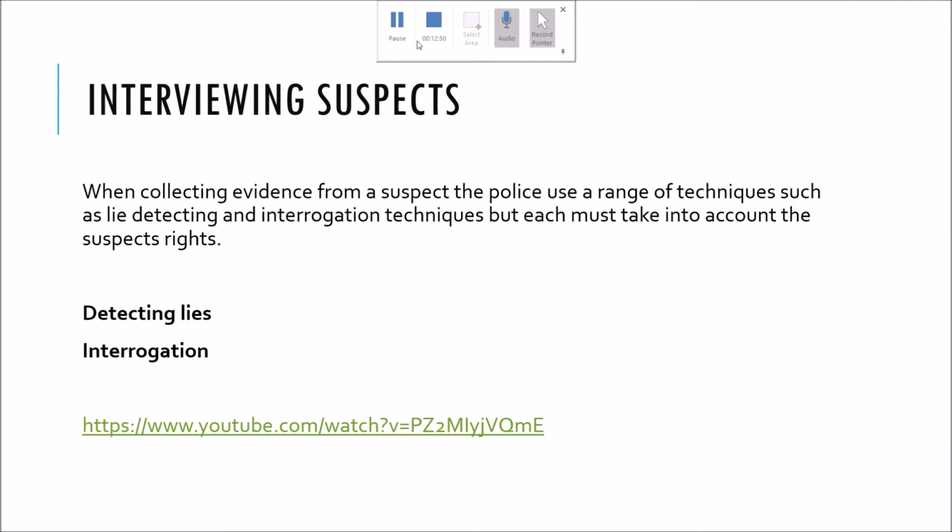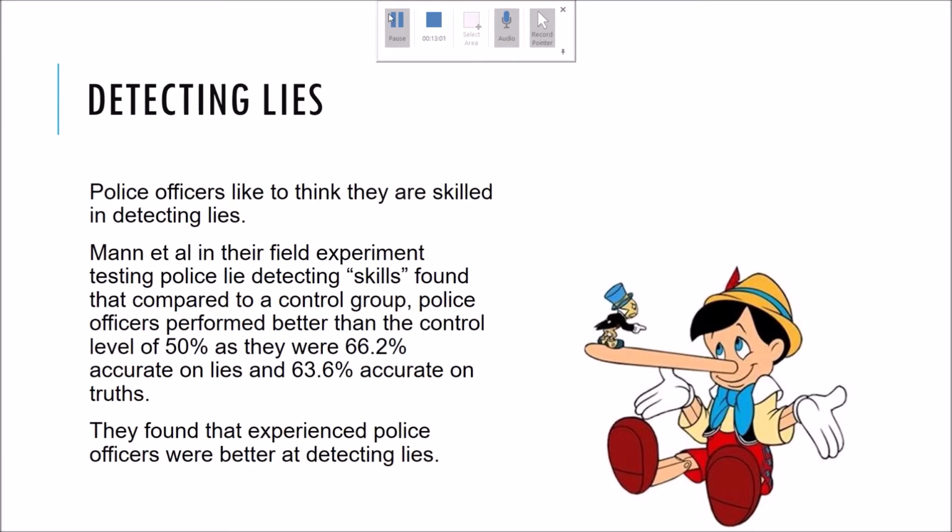So what we'll do is look at detecting lies and interrogation when we are interviewing suspects separately. In terms of detecting lies, most police officers, I would say, would like to think that they are fairly skilled in their ability to detect lies. Now, when we compare lie detecting skills of police officers against a control group of non-police officers, they do perform better at this task.